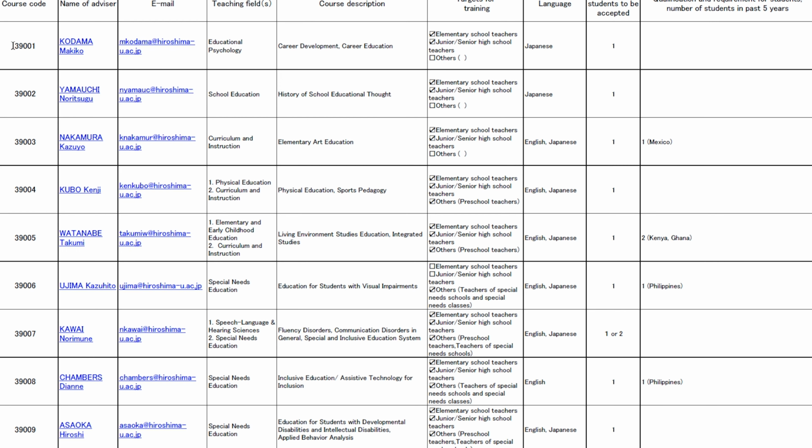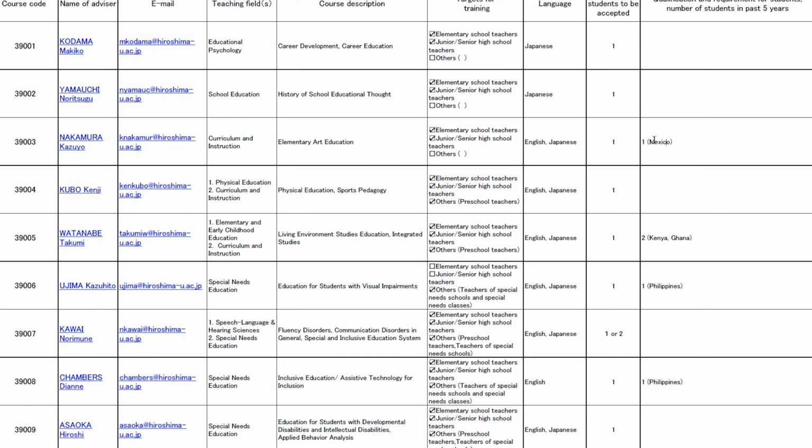The course code is the number dedicated to your course. So make sure you have captured all of that, and also make sure you know how many are accepted within that course and which countries are being considered.